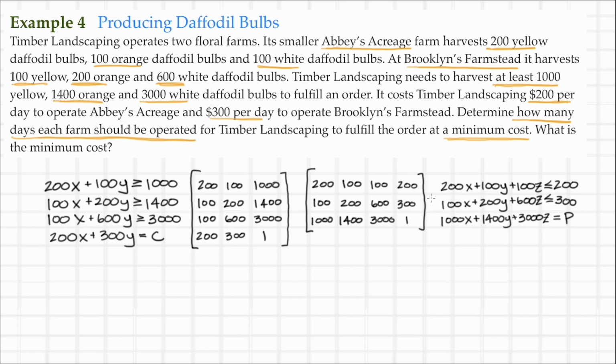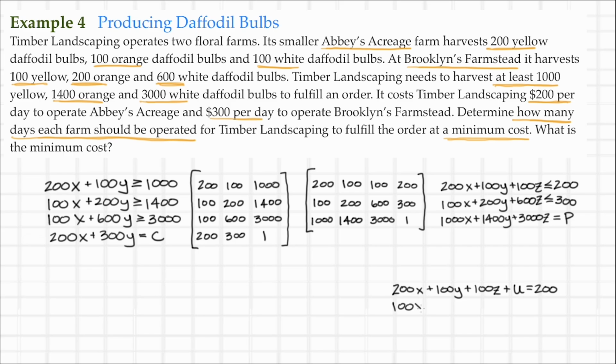Now from here, we're going to write each one of these inequalities as an equation with a slack variable. So we'll go 200x plus 100y plus 100z, and then we'll introduce a slack variable, u, equal to 200.